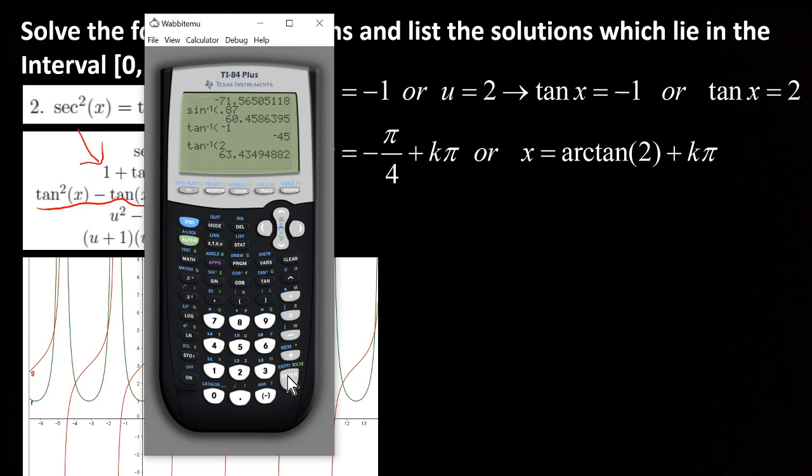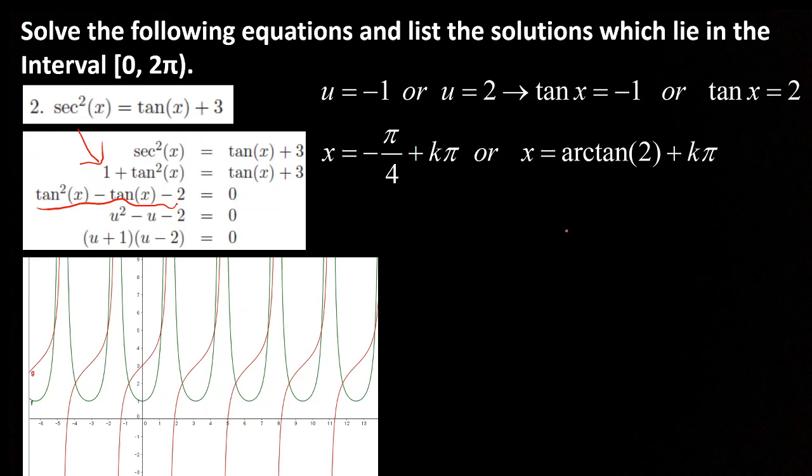So it's not an exact answer, so we just leave it like arctangent of 2, or tangent inverse of 2, plus k pi. So negative pi over 4 plus k pi, and arctangent of 2 plus k pi. All right.